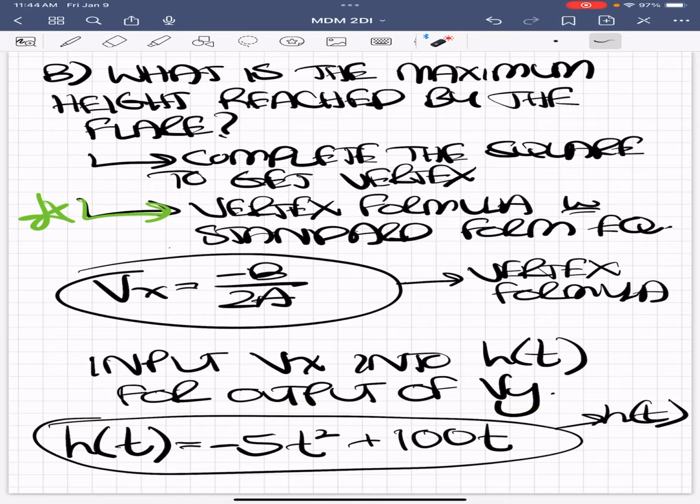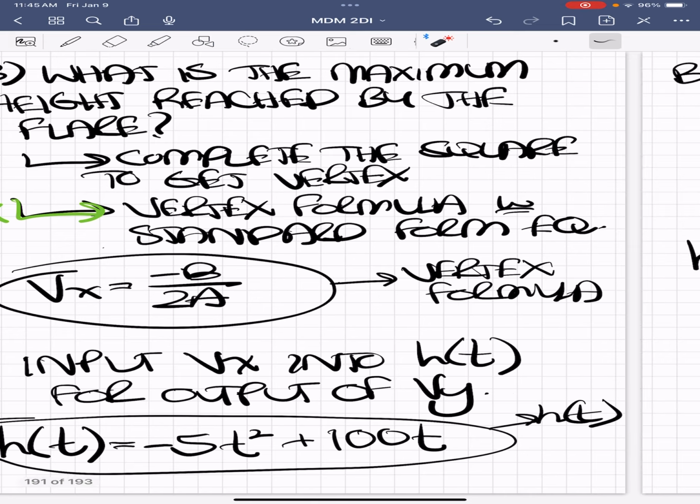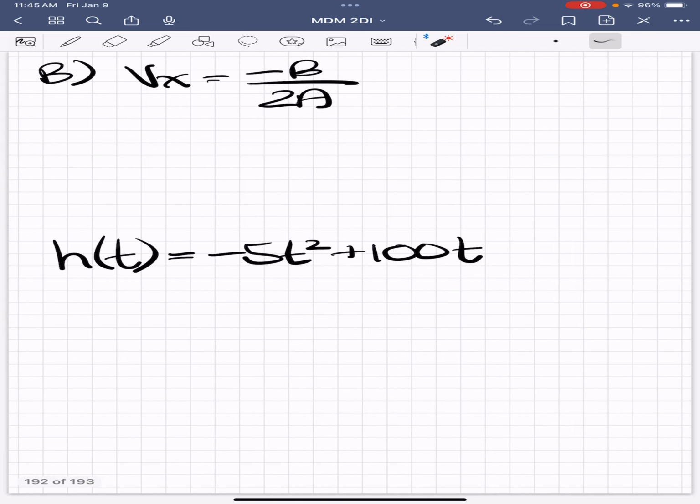So here's h of t, so we're going to be putting the result of this into the variable of t, and we will get an output of Vy, the y coordinate of the vertex. Moving on. H of t equals negative 5t squared plus 100t.